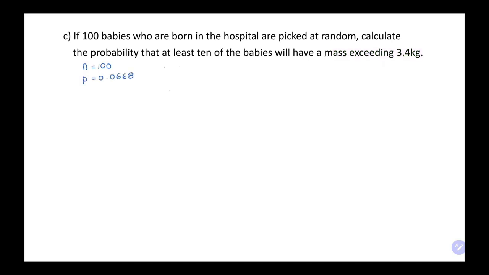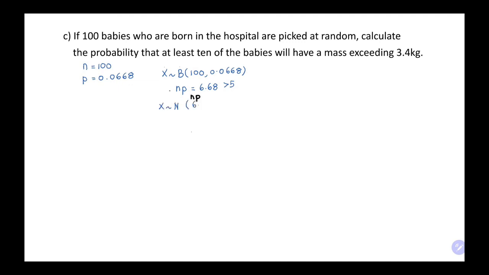Since we have n and p, this is binomial with n 100 and p 0.0668. We check n times p, we get 6.68, which is greater than 5. Since it is greater than 5, we change to normal.